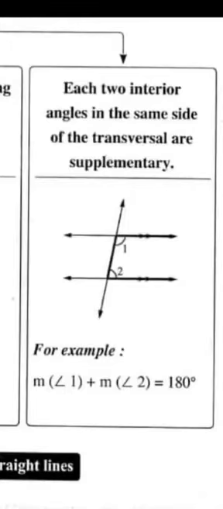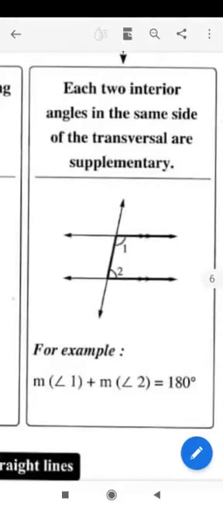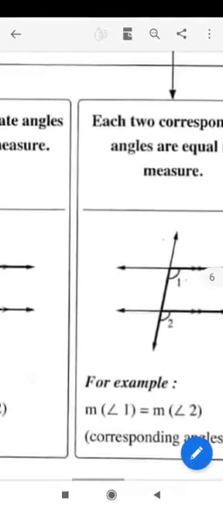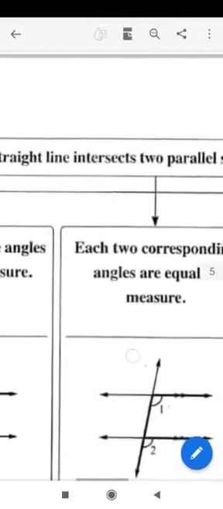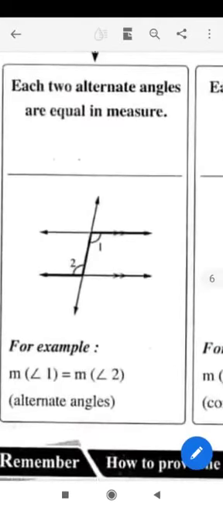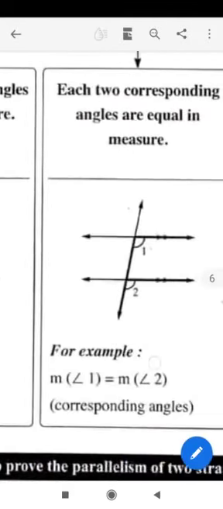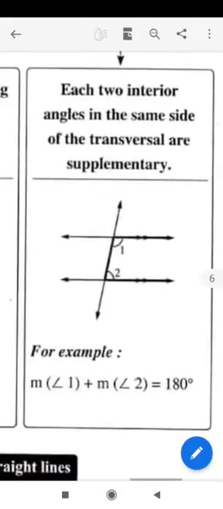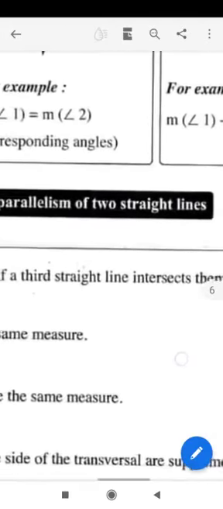If we have one and need the other, we subtract from 180. So for parallel lines, we find three letters: Z is called alternate, F is called corresponding, and U is called interior angles on the same side of the transversal. Okay? Next.